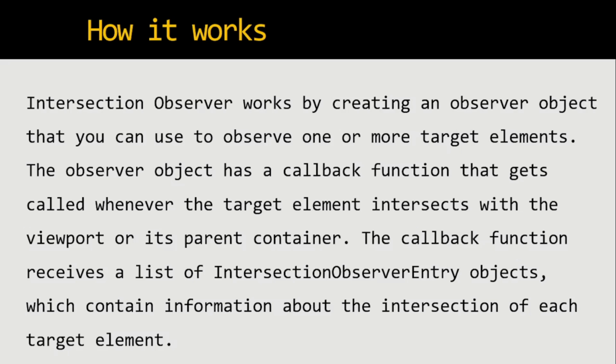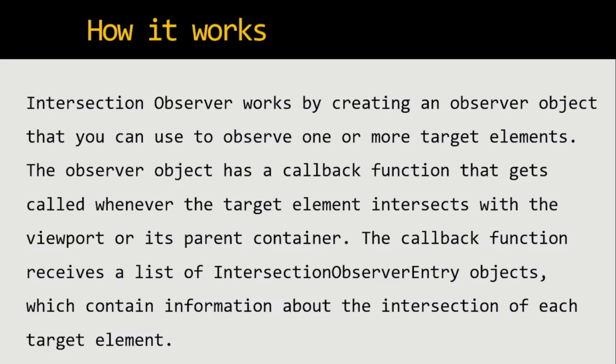The observer object has a callback function that gets called whenever the target element intersects with the viewport or its parent container. The callback function receives a list of intersection observer entry objects which contain information about the intersection of each of the target elements.